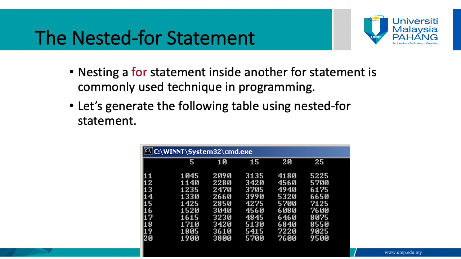So how does it work? Let's see how we can generate a table using a nested for statement. How can we use a nested for loop in the most appropriate way to generate a table such as in this example?